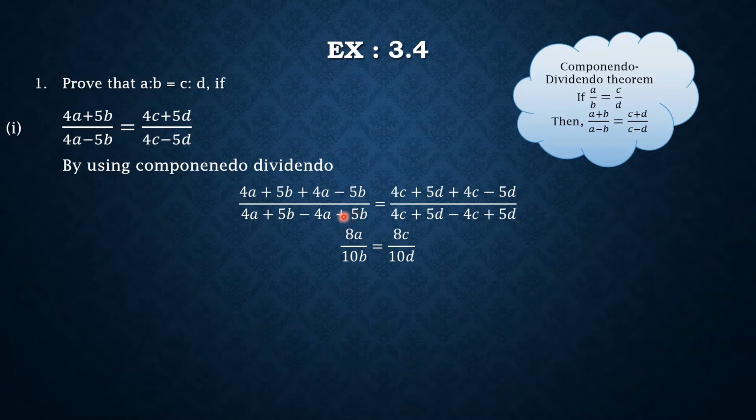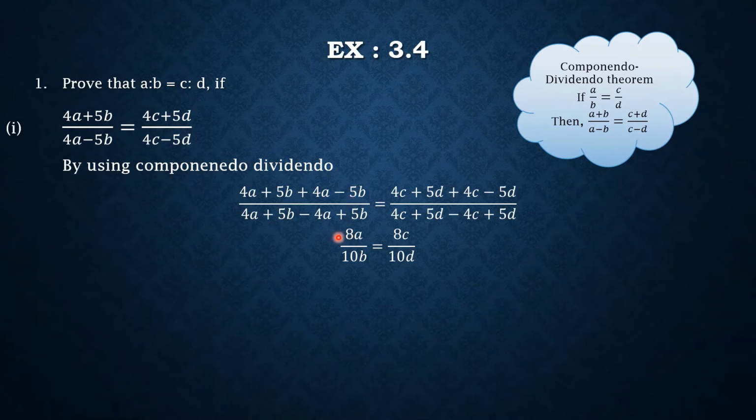So look here, the sign of these two terms, 4A and 4A, is positive. We will get 4A plus 4A as 8A, and 5B and minus 5B will be cancelled by each other. So only 8A will come in the numerator.